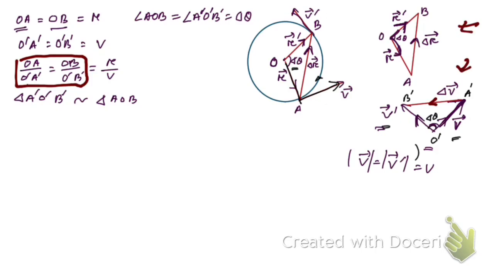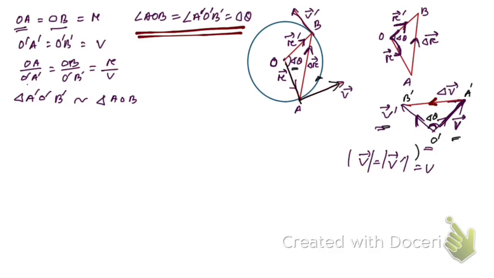And the angles between those two pairs are also equal. So according to side angle side, these two triangles are similar.